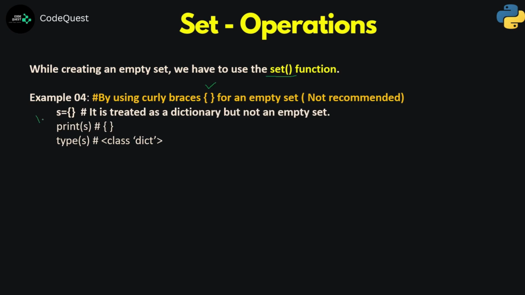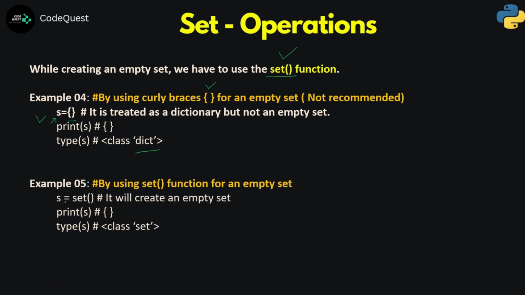Let's say we have written S equal to open and close curly braces without anything inside. We will assume as if this is an empty set, but if you check the type of this S, what type of object it is, you're going to see it is a dictionary. So every time you are trying to create an empty set, you must use the set function for that.